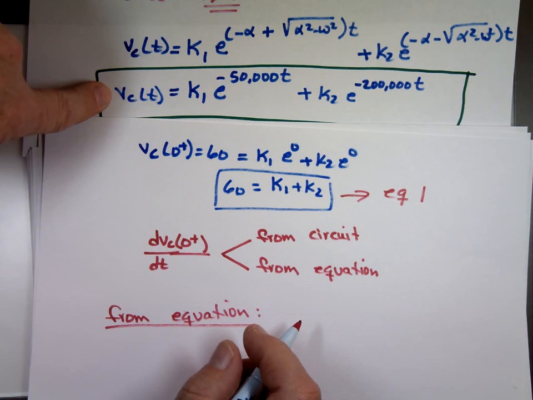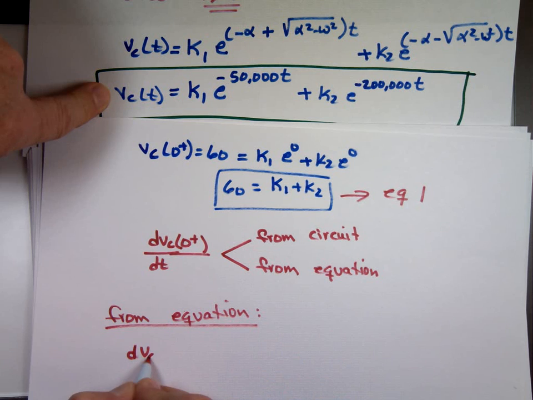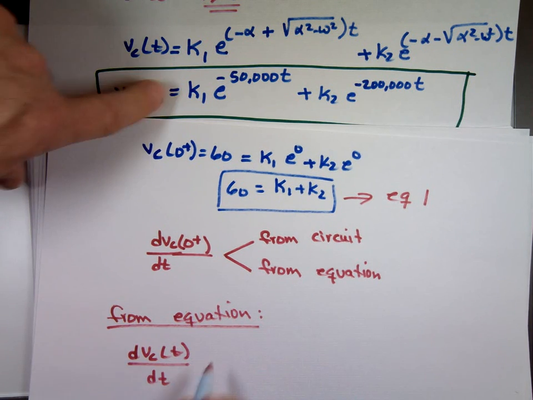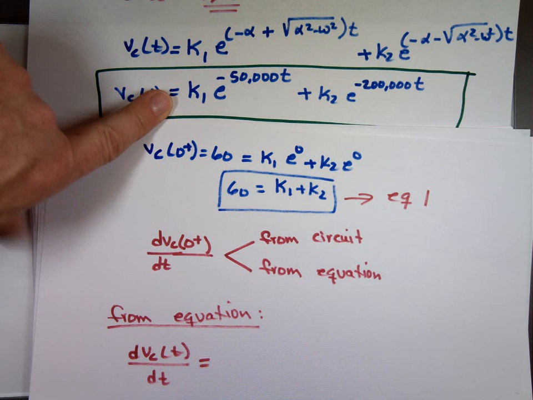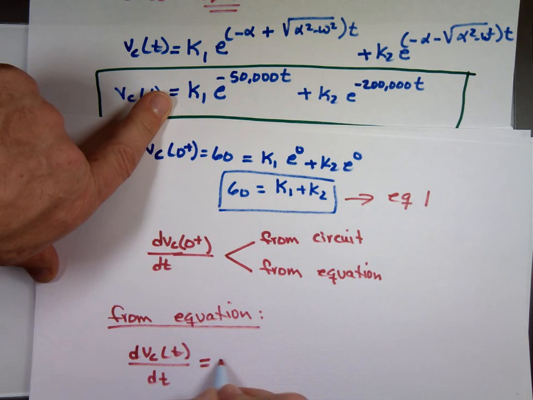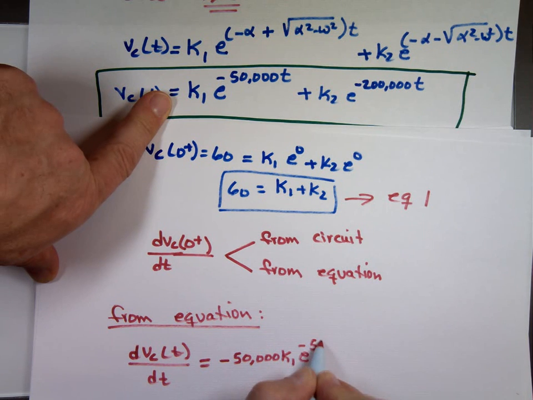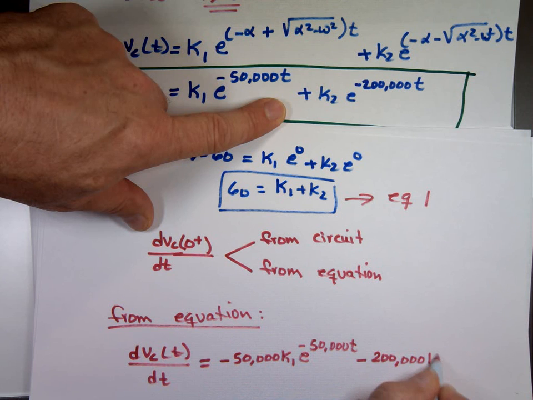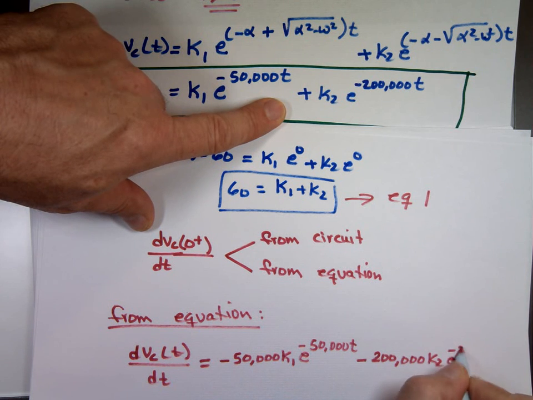What's the derivative of that, not at 0, at any time? Negative 50,000 K1 e to the negative 50,000 t, minus what? 200,000 K2 e to the power of negative 200,000 t.